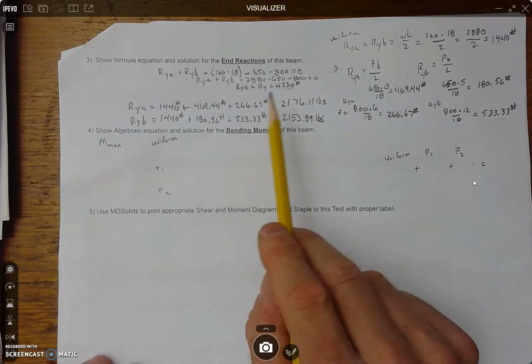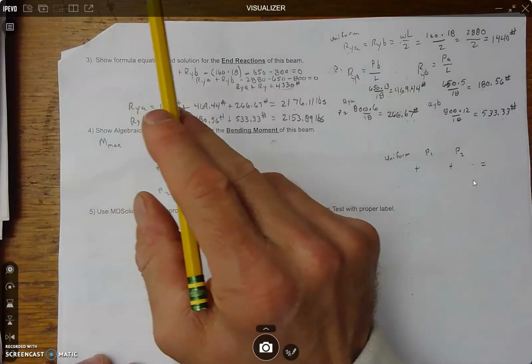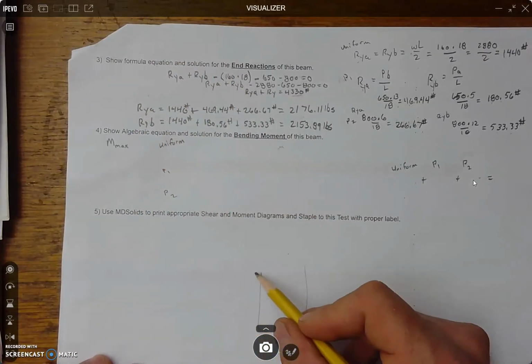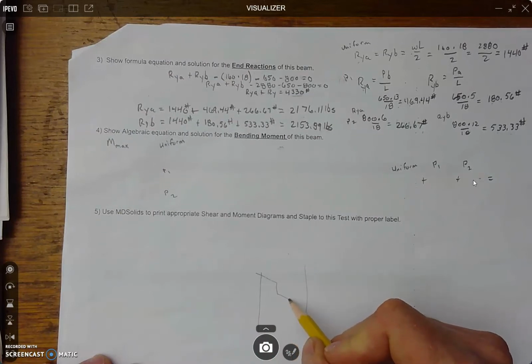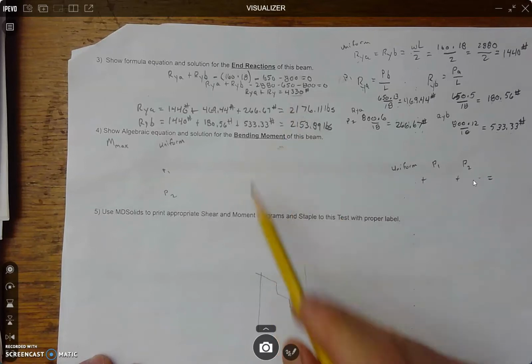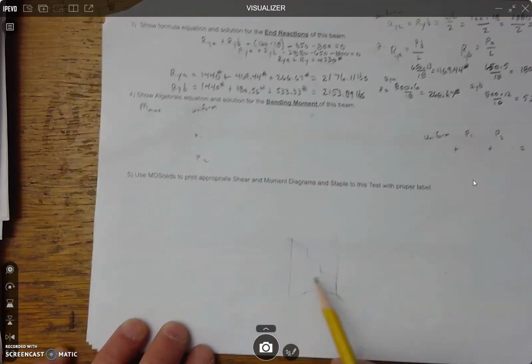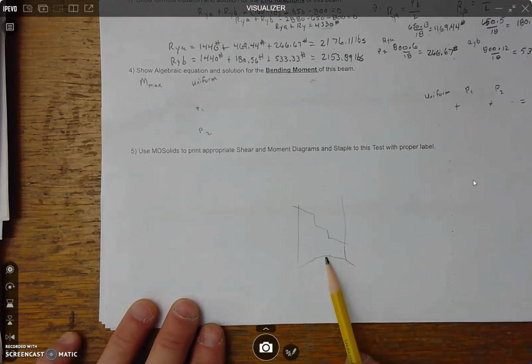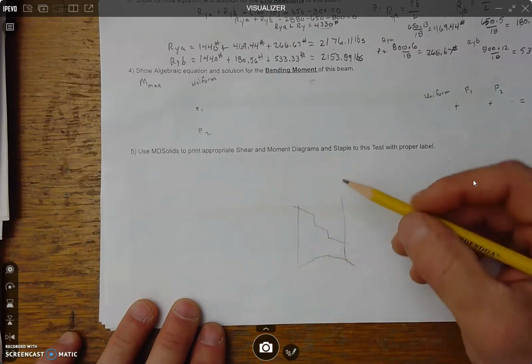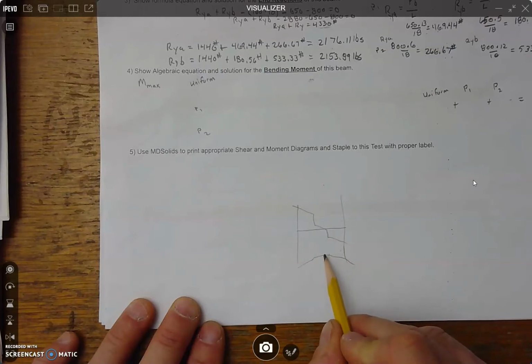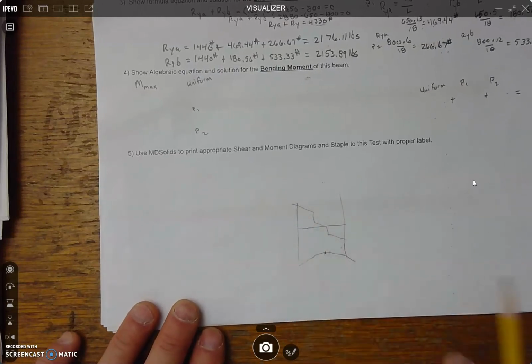On this particular beam, we have a chart down here, and it's going to go like that for our end reactions. For our max moment, it's going to be the height of this. Wherever this crosses this line will be the maximum moment down on this chart. So you remember all that.